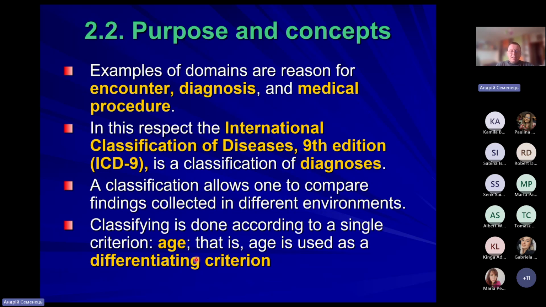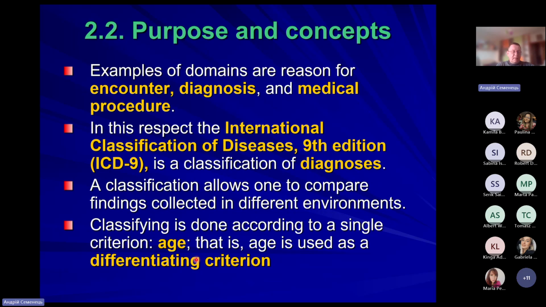in general principles. It is a classification of diseases, and allows one to compare findings collected in different environments. So classification is done according to a single criterion, age. So in this case, we are talking about age as the differential criterion. If we pick another criterion, let's say gender, we will have gender as the differential criterion, and so on.